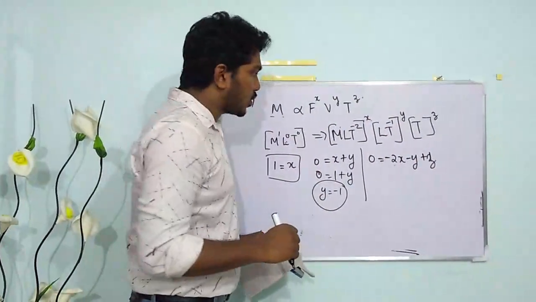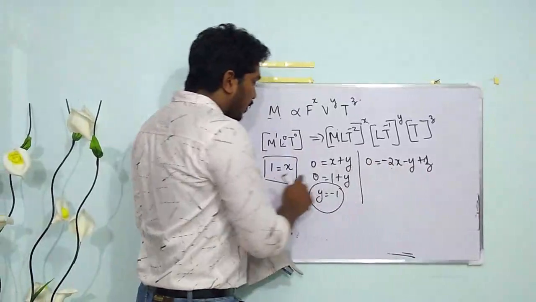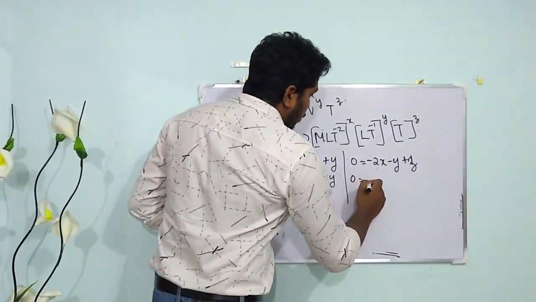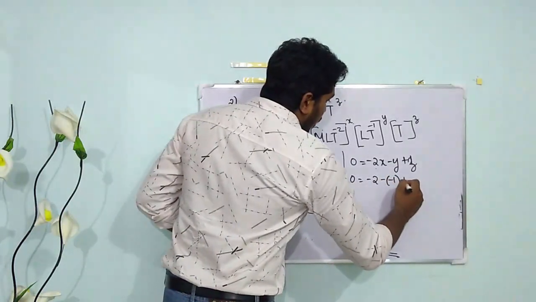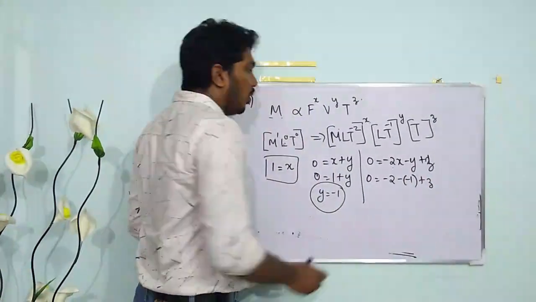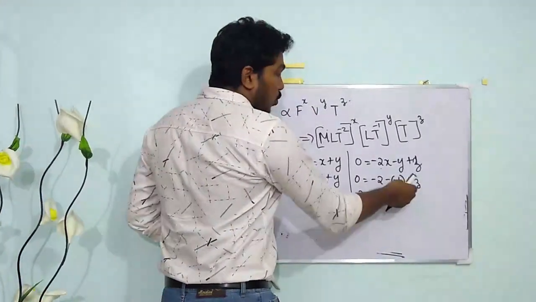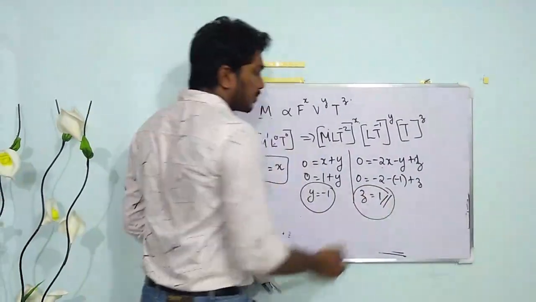So minus 2x minus y plus z. Now we know the value of x and y, so substitute. You get 0 equal to minus 2 minus 1 plus z. Z is equal to, minus 2 plus 1 is minus 1, it goes to the other side, so z is equal to 1.